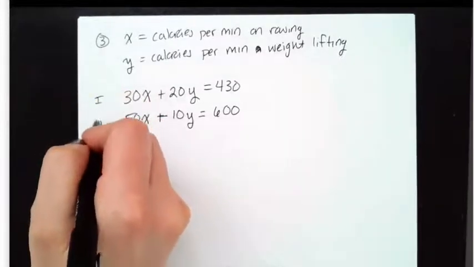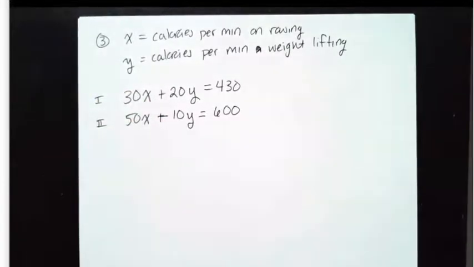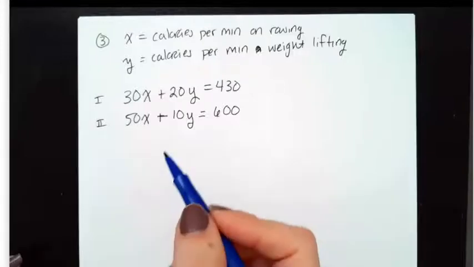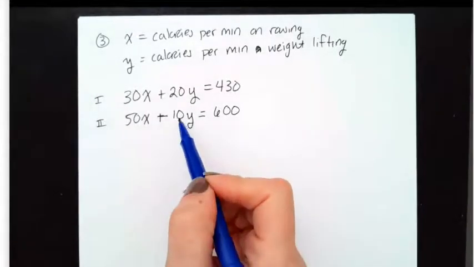So now we can go ahead and solve this system of equations. You can decide to use substitution or elimination. Because of the way that these two equations are set up, and because of the coefficients, I'm going to use the elimination method. You can decide to eliminate x or y. I would prefer to eliminate the y here because 20 is a multiple of 10.